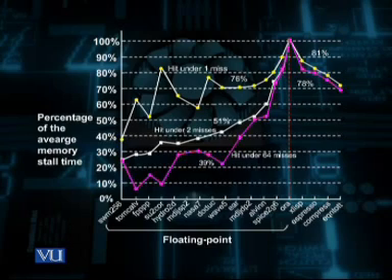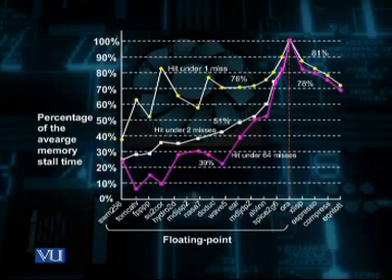For this purpose, let us have a look at the graph that shows the average memory stall time for floating point programs and integer programs running on a system with an 8 kilobyte cache using a 32-byte block size and a miss penalty of 16 cycles.